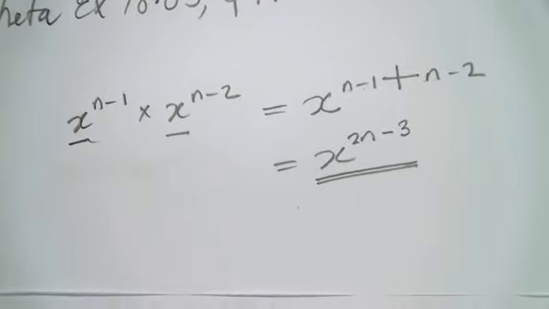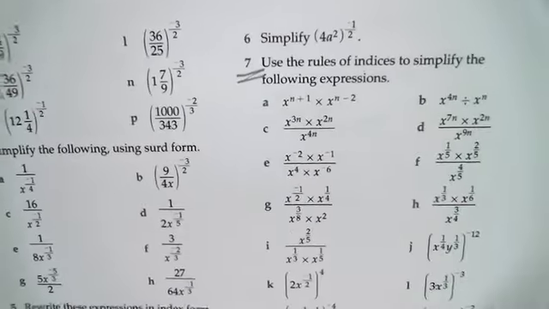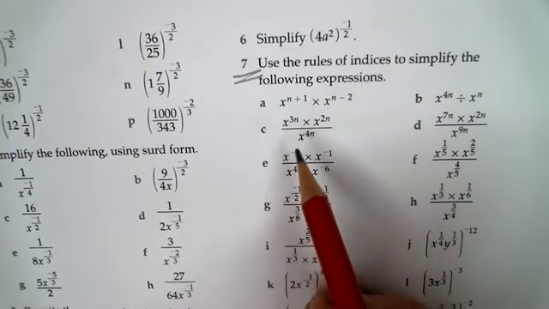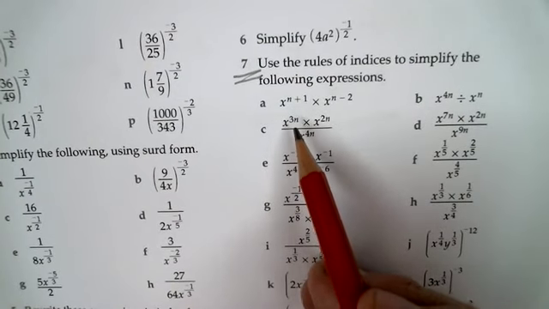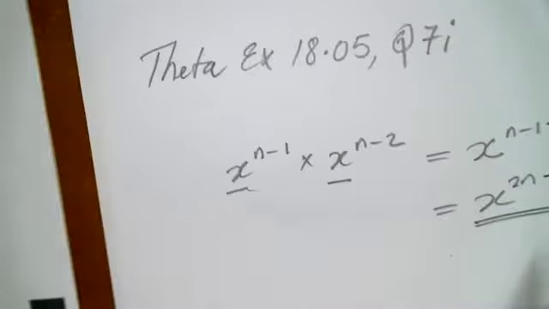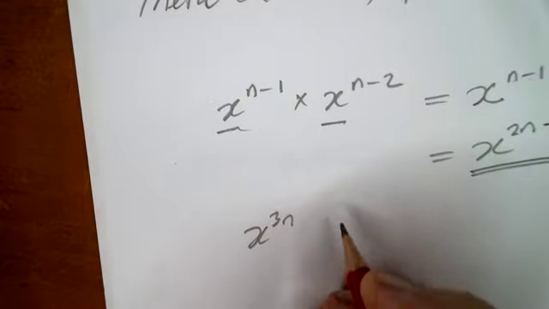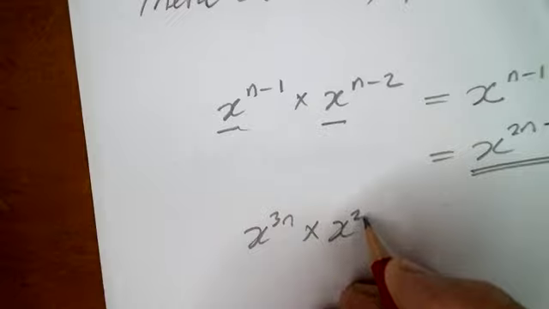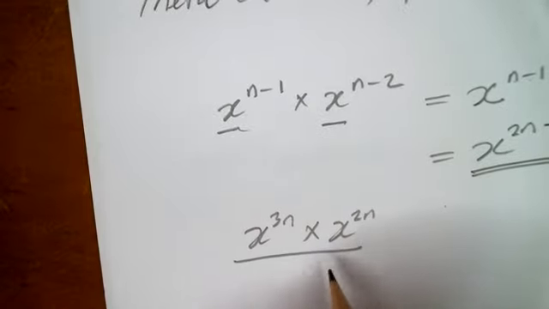Let's try another one. Let's have a look what we've got here. I'll choose C. So I've got x to the 3n, I'll just write this out over here so you can see what it is. So I've got x to the 3n times x to the 2n, all divided by x to the 4n.